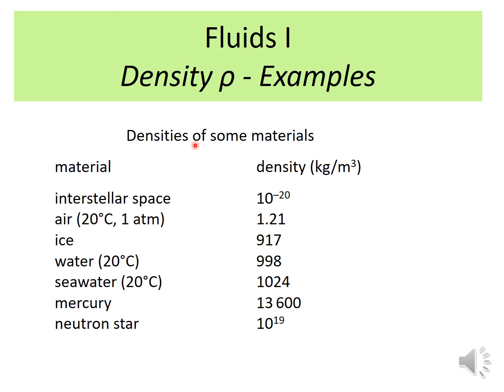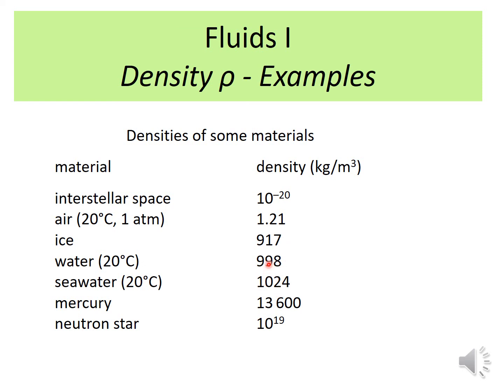So let's have a look at some of the densities of various materials. If you're looking at interstellar space, we get the density, measured in kilograms per cubic meter, of 10 to the minus 20. So this is very, very low. When we're looking at air at 1 atmosphere and 20 degrees Celsius, we have 1.21 kilograms per cubic meter. Ice, 917. Water at 20 degrees, 998.